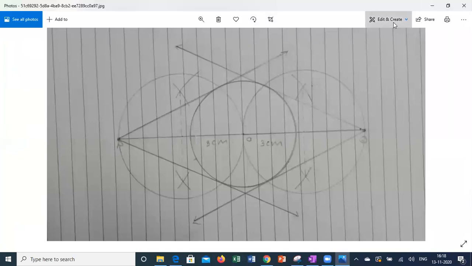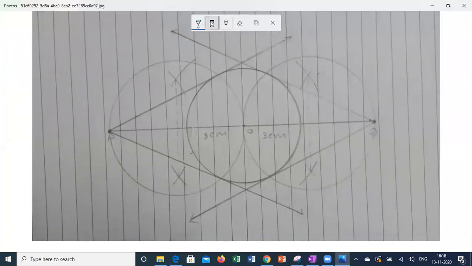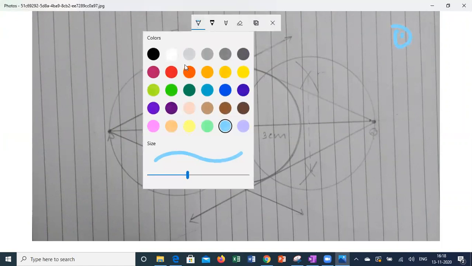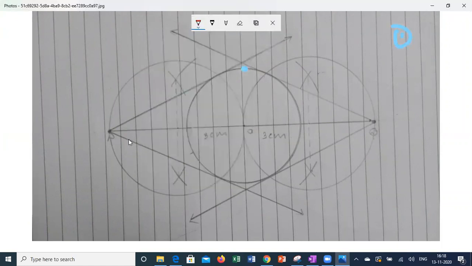See this one? Yes, sir. This is the first one. This circle is the first step. After drawing the circle, you have to locate the point. Locating the P point and the Q point is the second step.